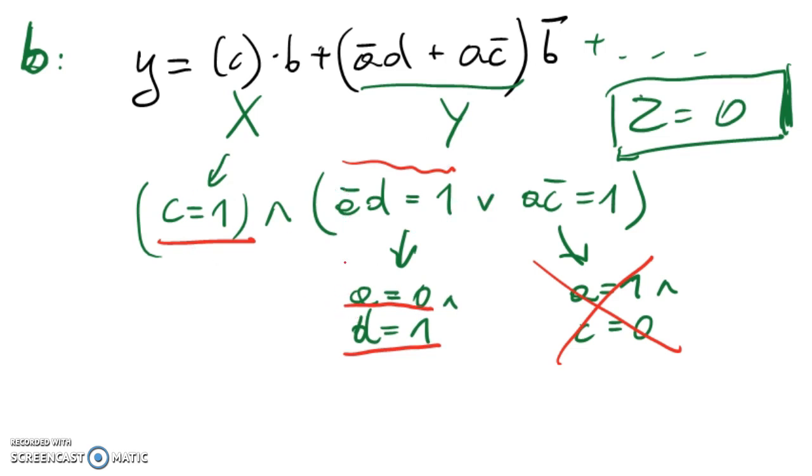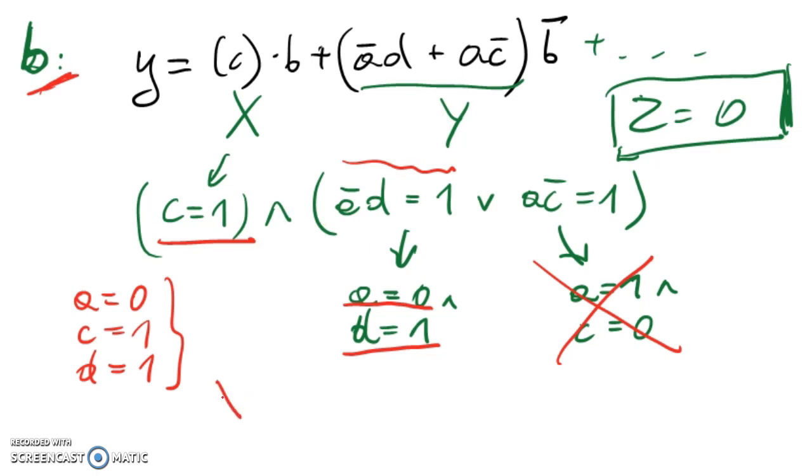So from these two conditions, you've got the values for A, C, and D, for which the hazard occurs with respect to B. So, the condition is the same: multiply X times Y to eliminate the hazard.